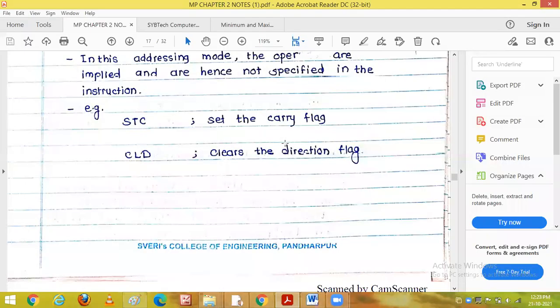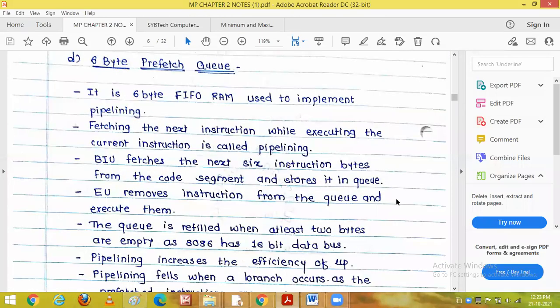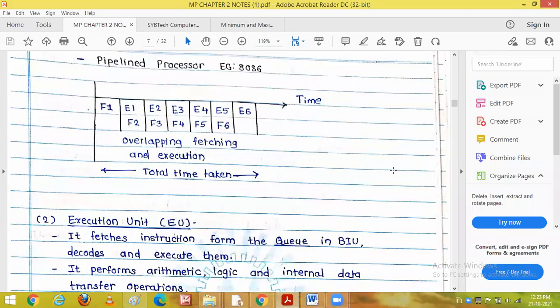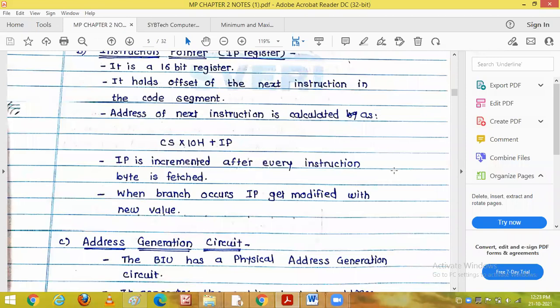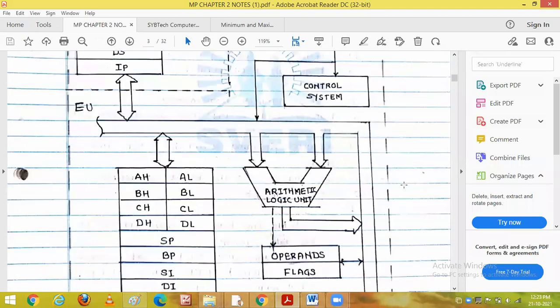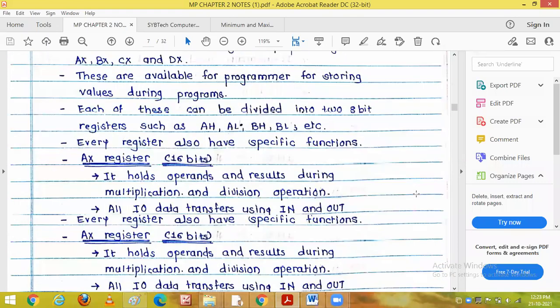So I will just open that, from yesterday's topic. These come up in the internal operations we taught.